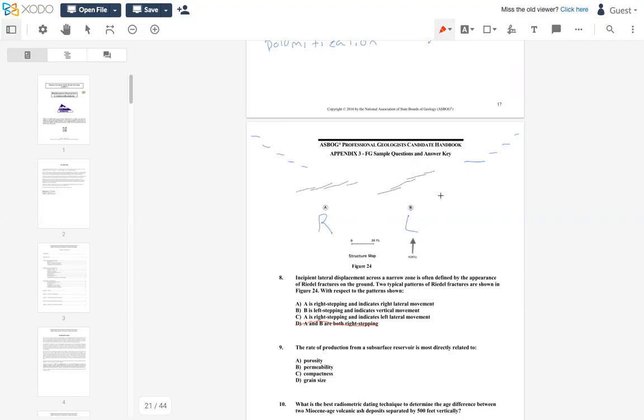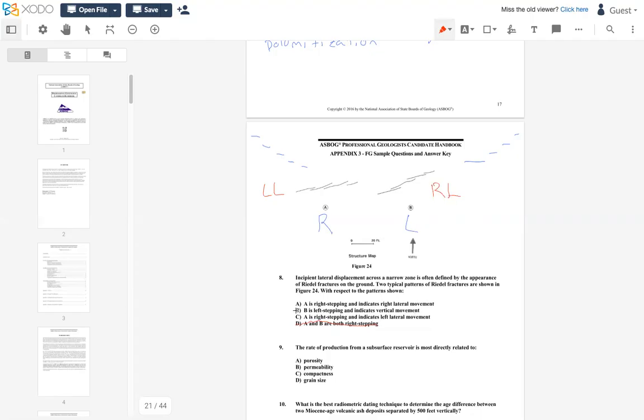So this would be right lateral and this would be left lateral. So we have to match them up. I'm going to do right lateral, and this is going to be left lateral. So A is right stepping, indicates a left lateral movement. That is true, but let's go ahead and prove it to ourselves. B is left stepping and indicates vertical movement.